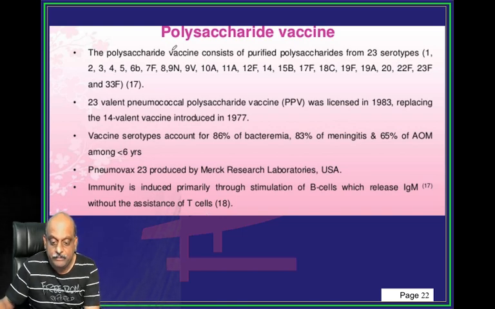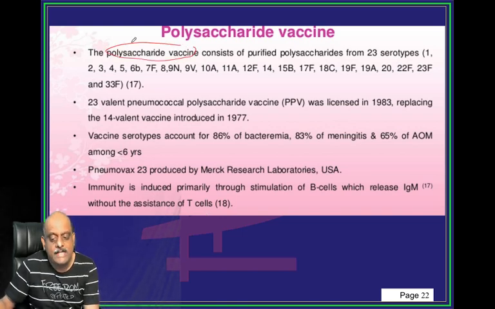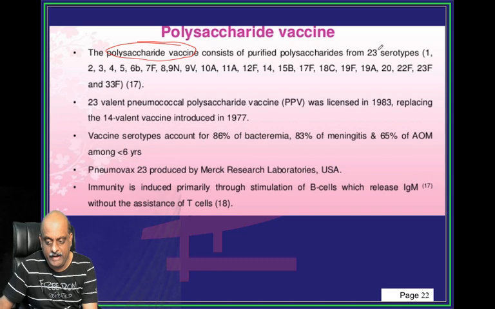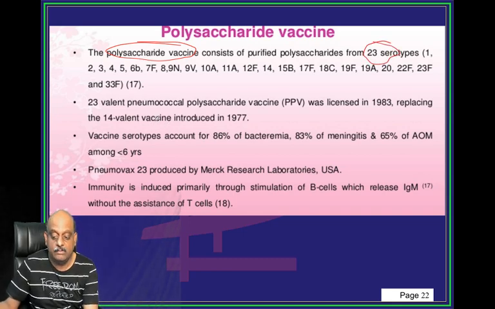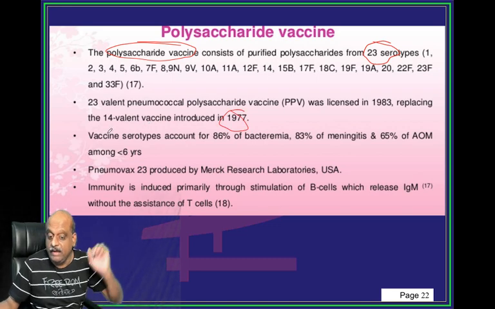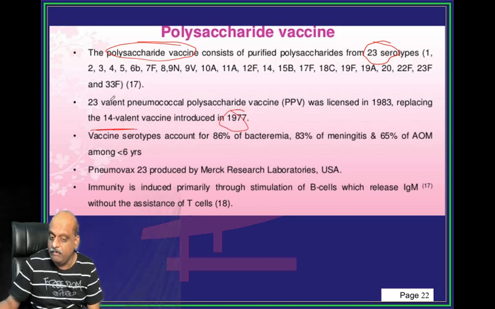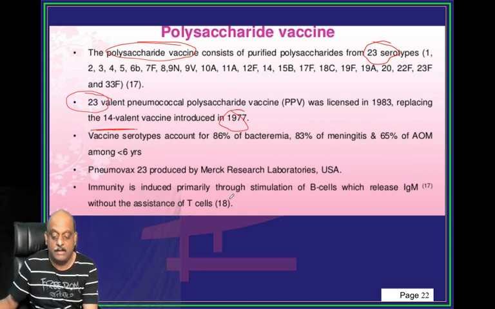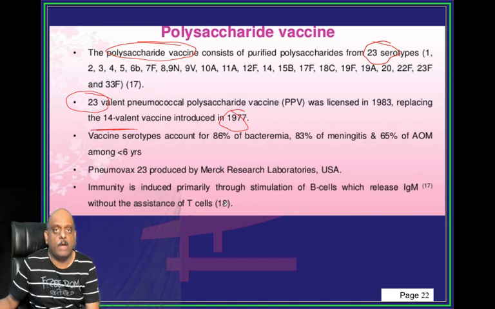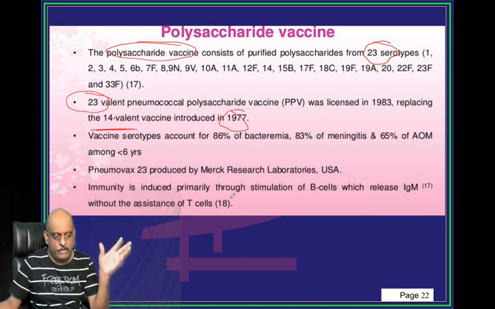Now, the polysaccharide vaccine contains 23 serotypes. In May 1977, they used to use the 14-valent, but now it is 23-valent. How is immunity produced if you give the Pneumovax?